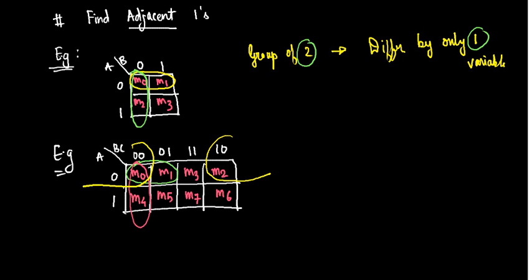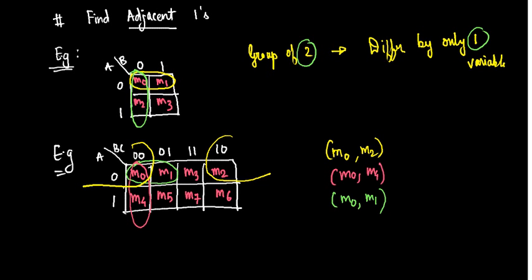So this cell M0 and M2 are said to be adjacent, although they are not physically adjacent. They differ only in one bit, so bitwise they are adjacent. What about M0 and M4? Then the M0 and M1, they are said to be adjacent, and so on.